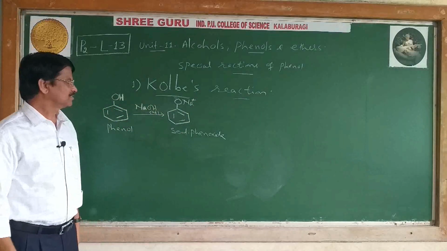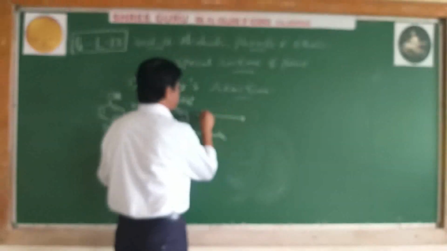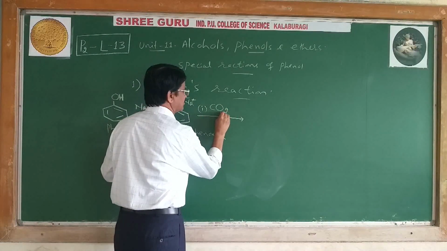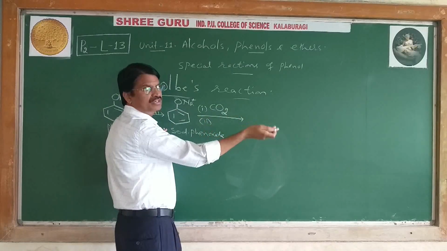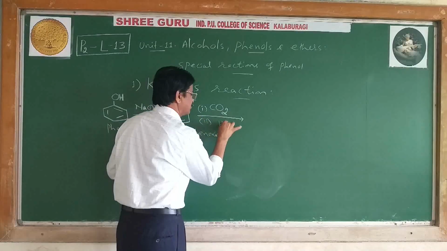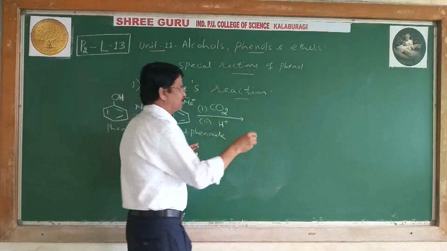A salt is obtained, and to this salt we first pass CO2 gas under pressure, then we get the salt of salicylic acid, then on acidification it gives the product.